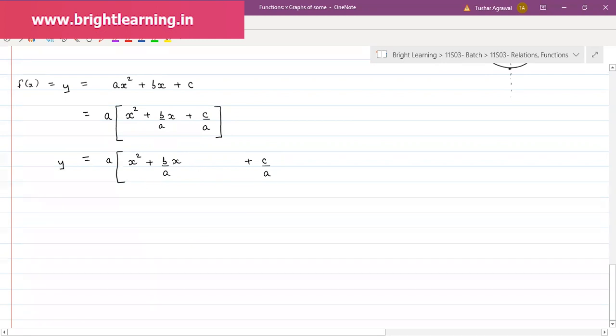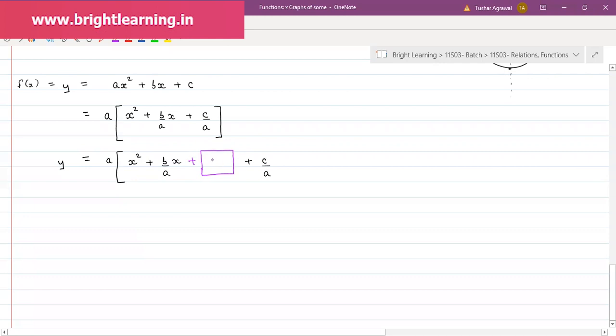So for a perfect square, how do we do it? We add a suitable number so that the first three terms, the x square term, the b upon a x term, and the added term combined are the expansion of p plus q complete square, x plus something complete square.